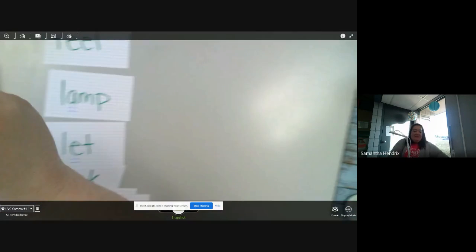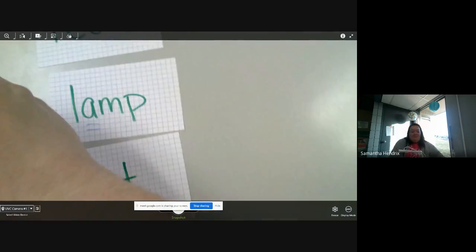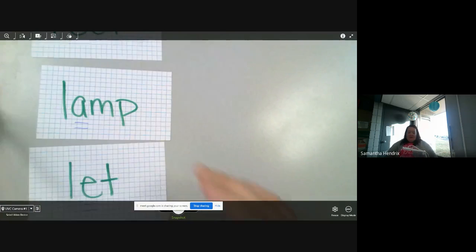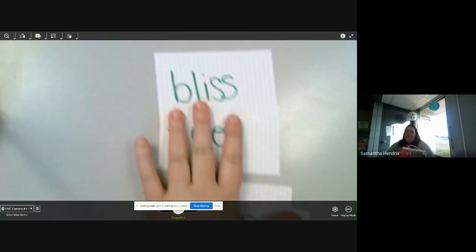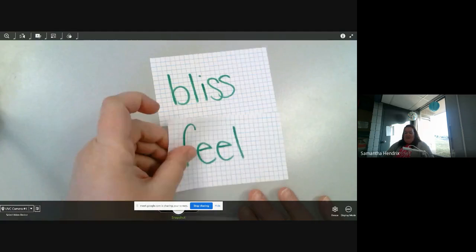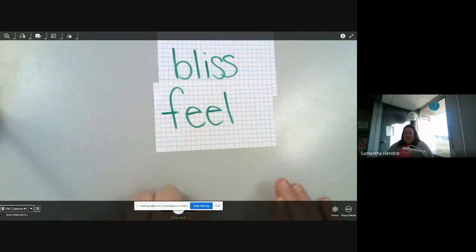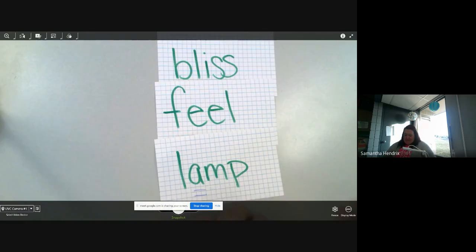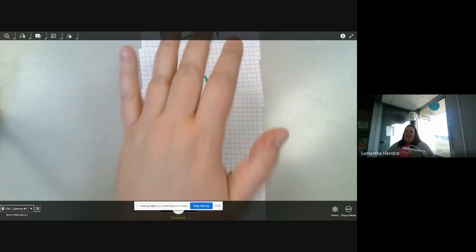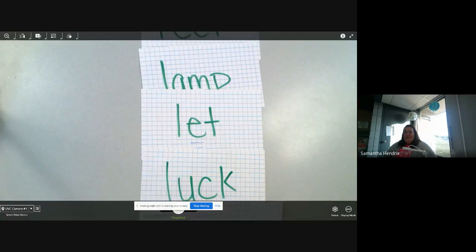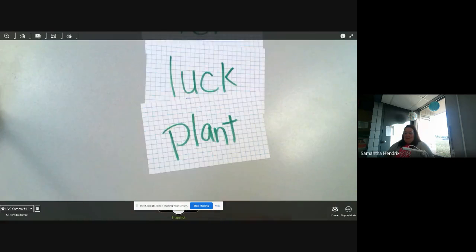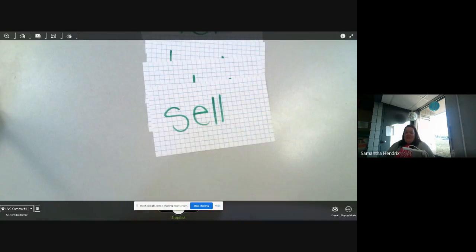Okay, so I'm going to set this back down. Oh, just trying new technology today. So we have bliss, feel, lamp, let, luck, and we went to plant, cell, and trim.